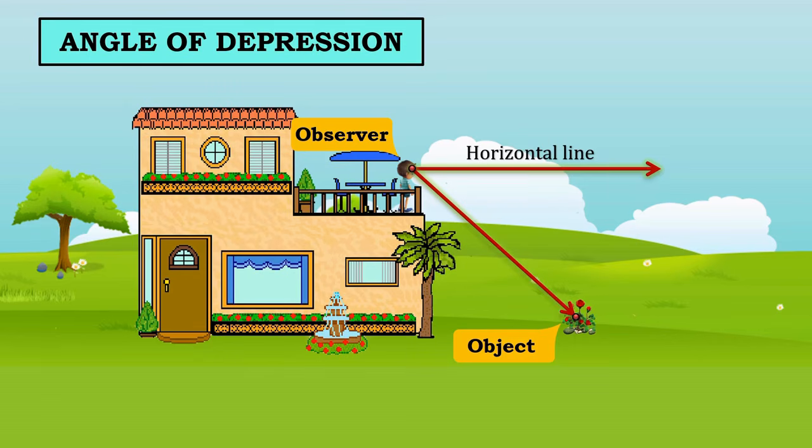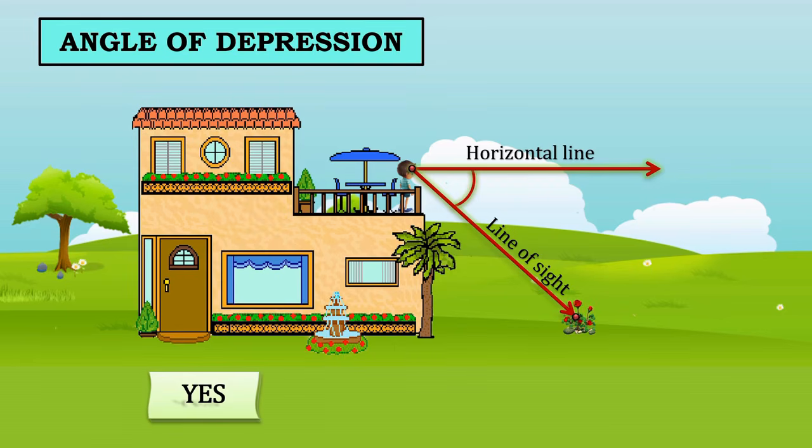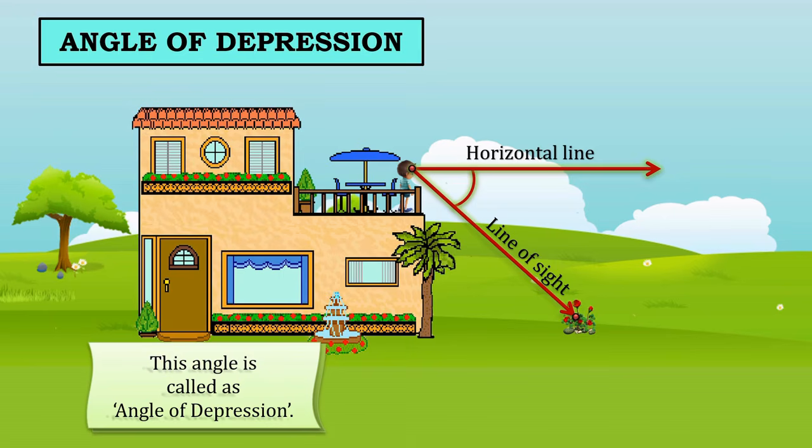Now, when I look down towards the flower, the imaginary line joining my eye to the flower is the line of sight. So, once again, we have two lines meeting at the observer's eye, the horizontal line and the line of sight. Now, can you see that the line of sight is making an angle with the horizontal line? Yes. This angle is called the angle of depression.